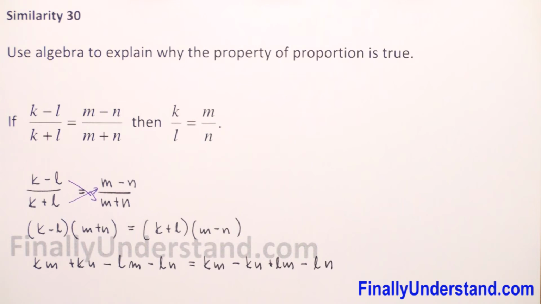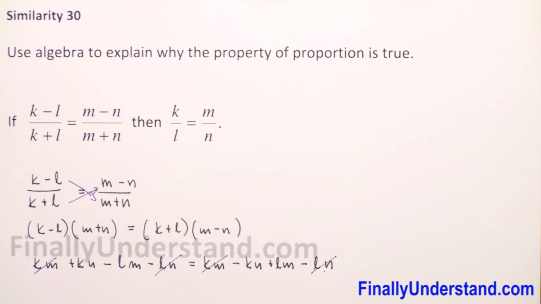What next? We will combine the like terms. We have on the left side km and on the right side km, so we can reduce this. What else? We have negative ln and negative ln on the right, so we can also reduce this.